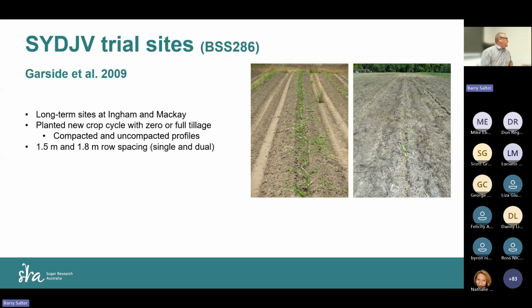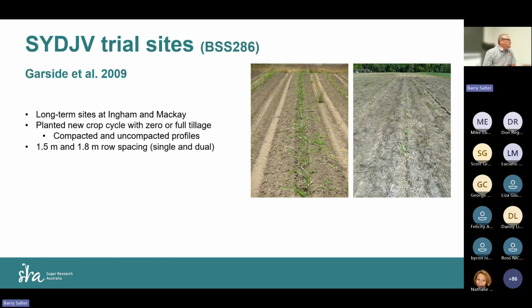Right. So in terms of the Australian setting, we can look at the effect of compaction that we've seen. Back in the day when the Sugar Yield Decline joint venture was still operating, we had a couple of trials, one in Ingham and one in Mackay, where we got to the end of the crop cycle and then planted cane back, starting a new crop cycle, either with no tillage or with full tillage.